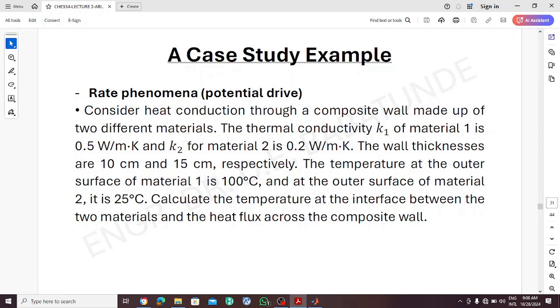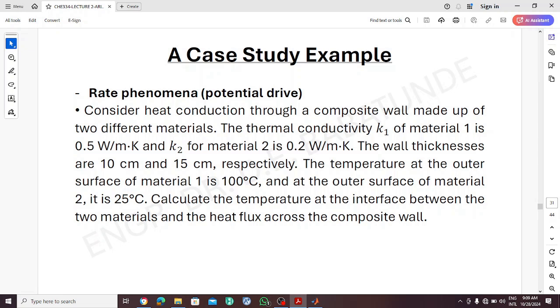So that means the first material is 10 centimeter thick, the other one is 15 centimeter thick. The temperature at the outer surface of material 1 is 100 Celsius, and at the outer surface of material 2 is 25 degrees Celsius. You are asked to calculate the temperature at the interface between the two materials and the heat flux across the composite wall.